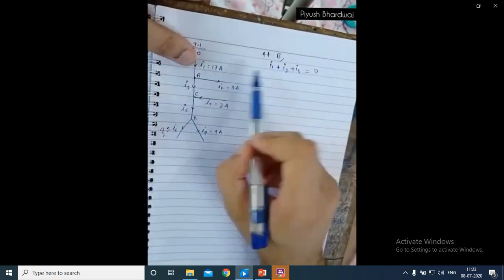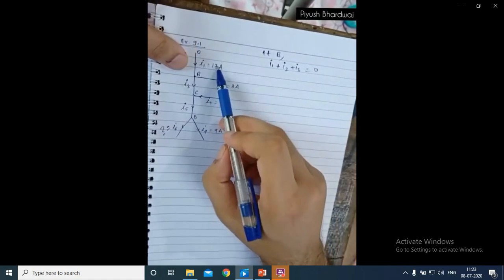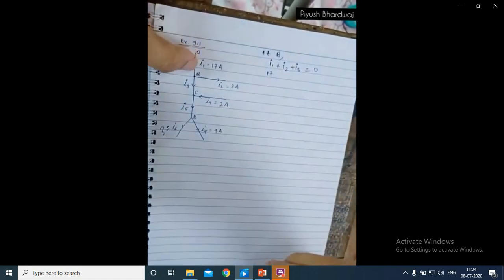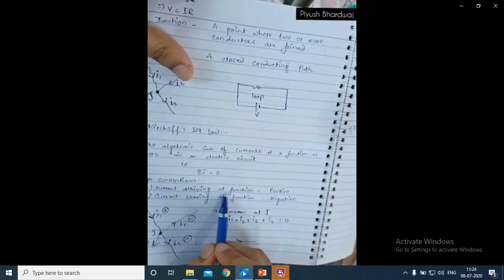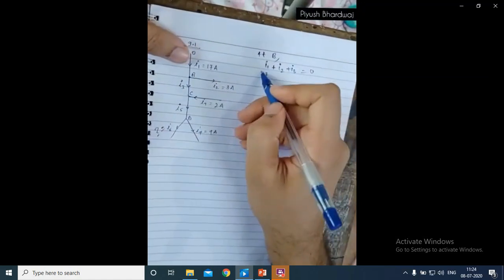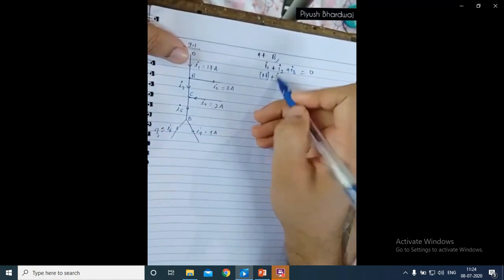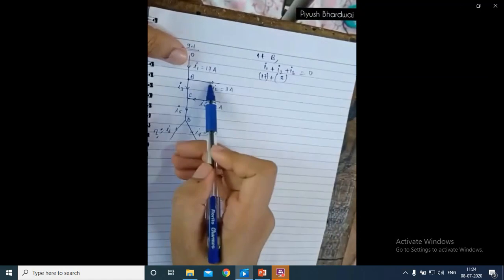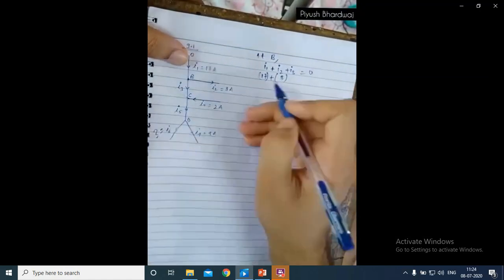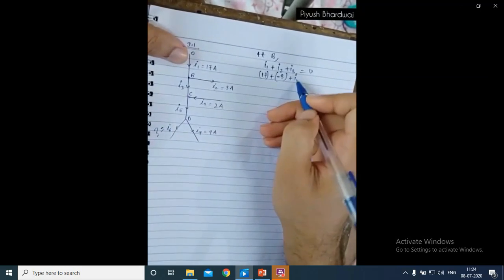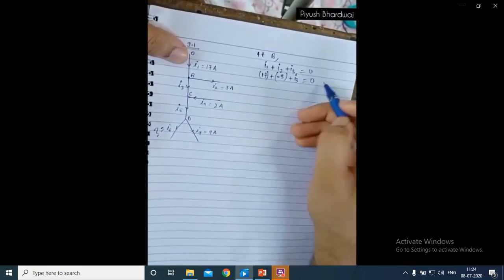Now we have to put the values. I1 is 17 and it is coming towards the junction, isn't it? Now we know that current arriving at a junction is positive, so we keep it as positive 17. I2 is 3 ampere and it is leaving the junction, so it will be negative, and we don't know I3, so we will calculate I3 from here.